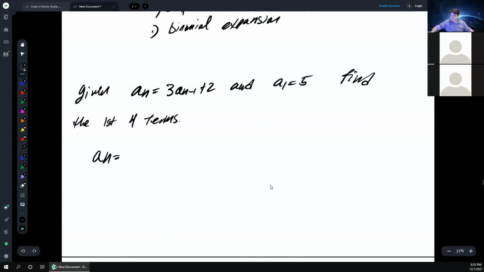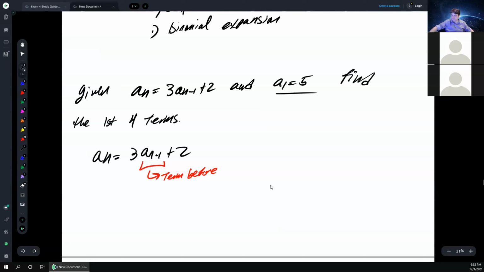So we have this formula. What this means, this a sub n minus 1 is what we call the recursive sequence, and this just means the term before.